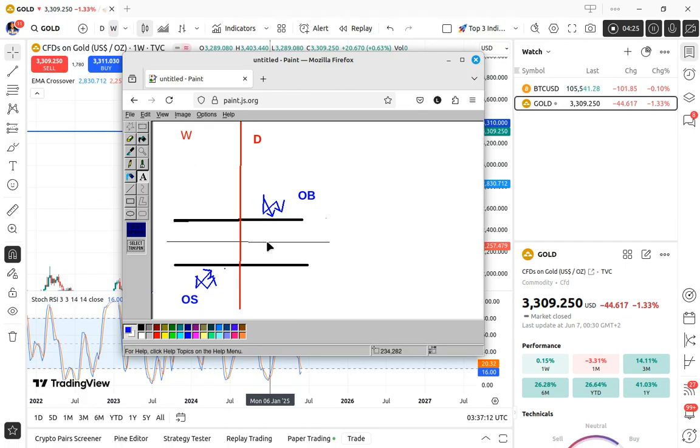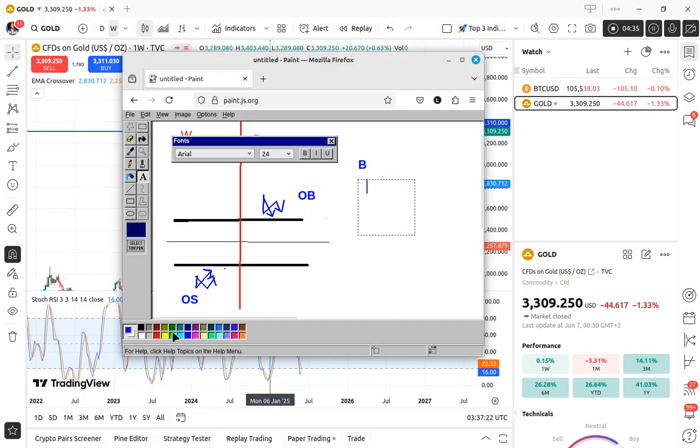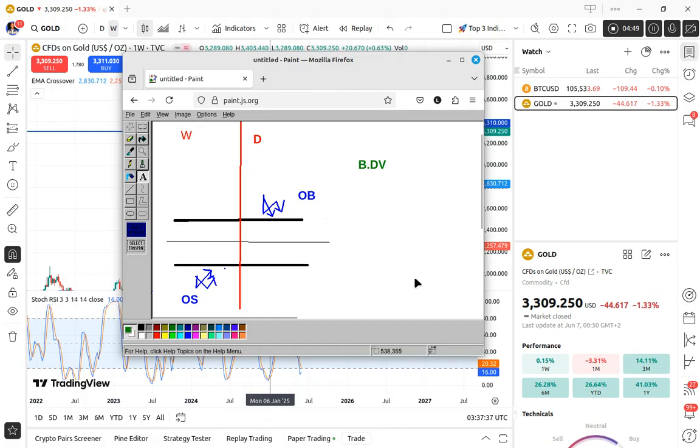It's called a bullish divergence. Let's change the color. It's called bullish divergence. All right. So that's what is happening here.